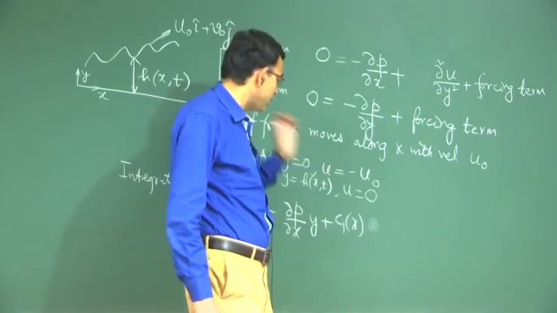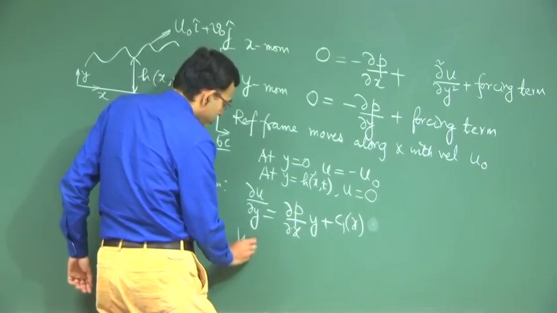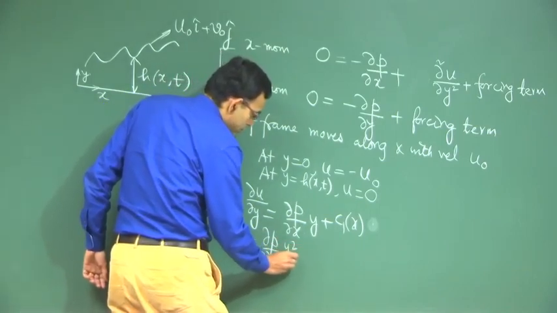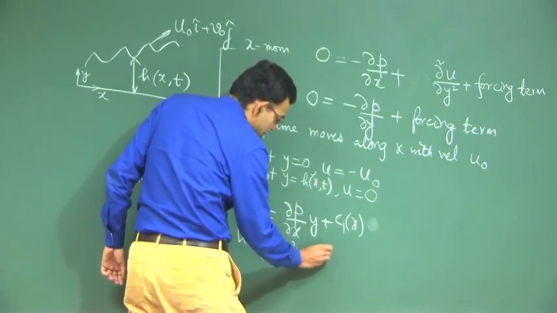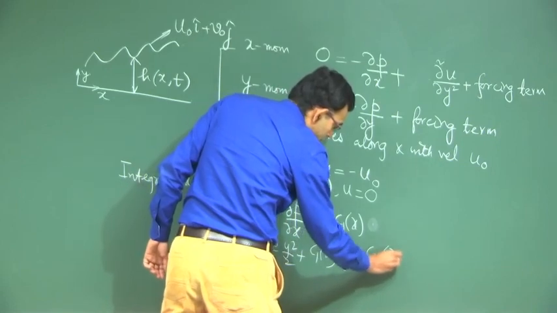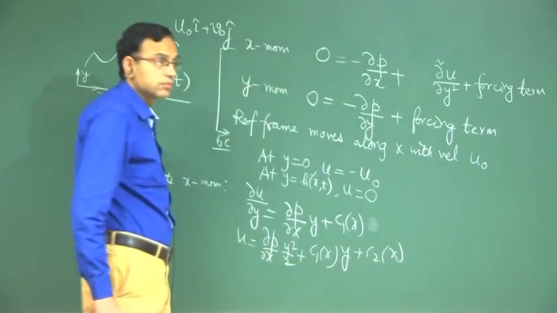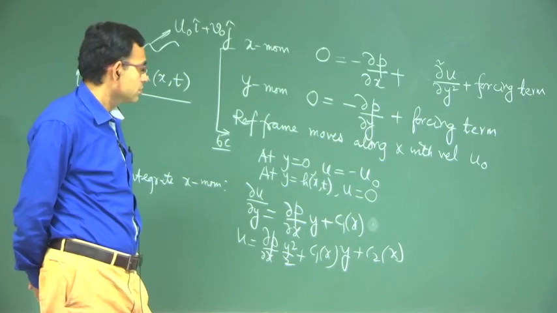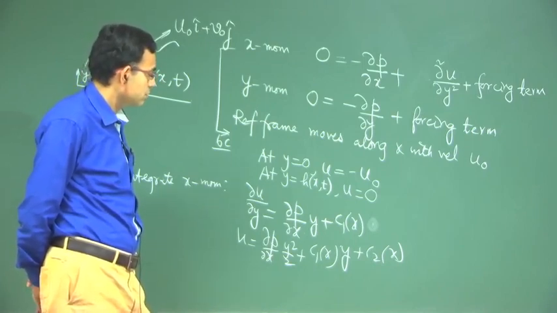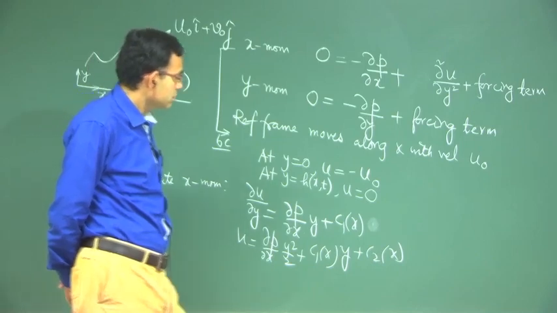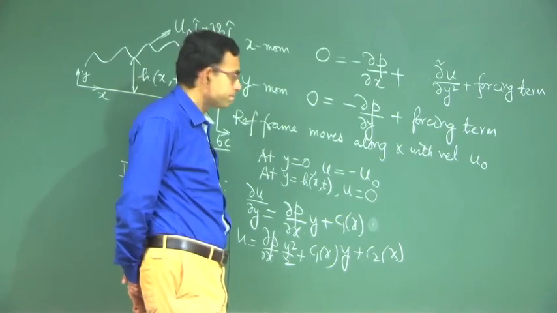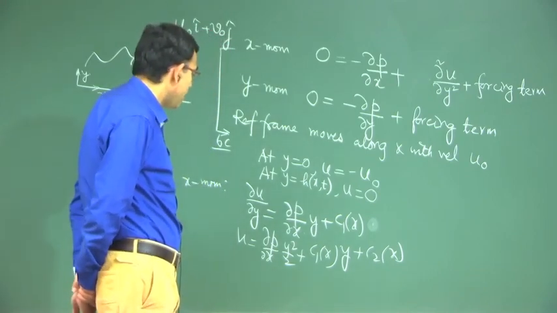So, this could be a function of x and u is equal to... So at y is equal to 0, u equal to minus u0.